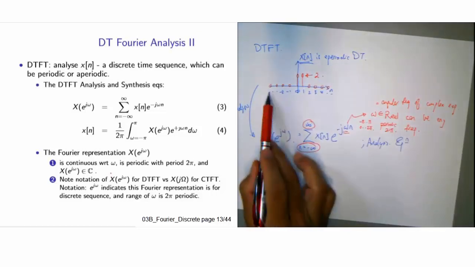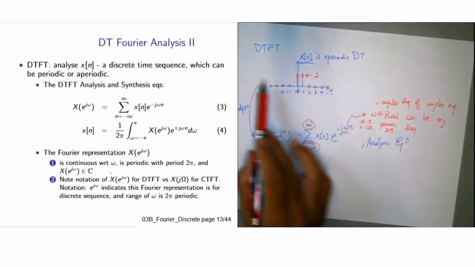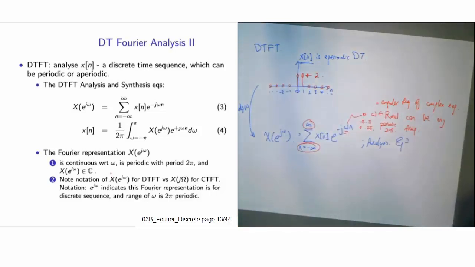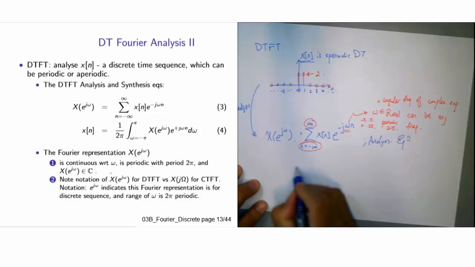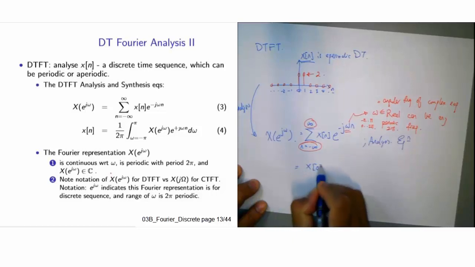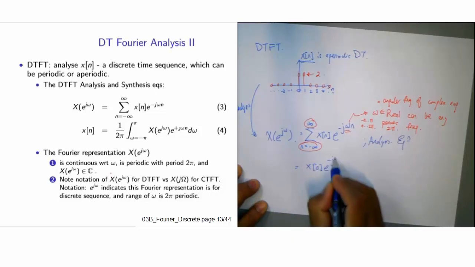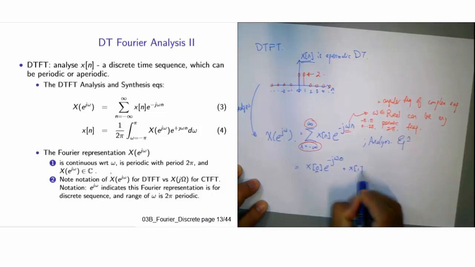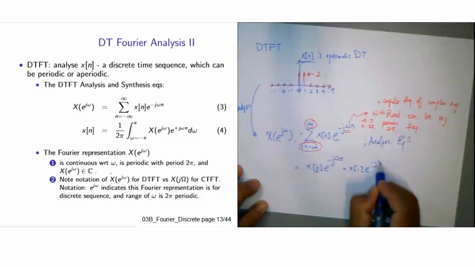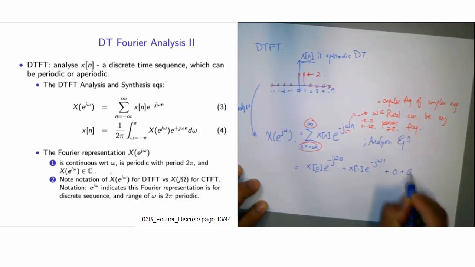If you look at this x of n very carefully, you see that everybody is 0 anyway. So if you write this down, it is only interesting at x0 times e^(-j omega 0), where n equals 0, plus x1 times e^(-j omega), where n is 1. And the rest are 0. We're not interested in them.